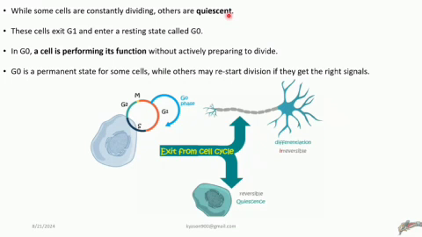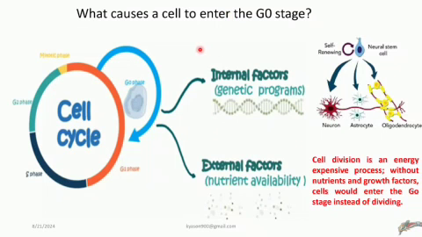Now, your cells go into this stage, for example, when there are fewer nutrients available for cell division, or when there are some genetic commands instructing the cell to permanently go into the G0 stage. As you can see here, it can be because of external factors.